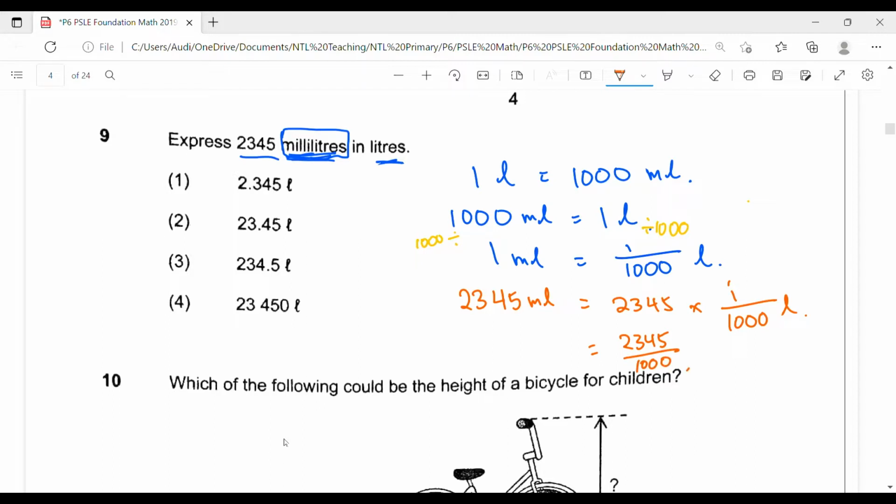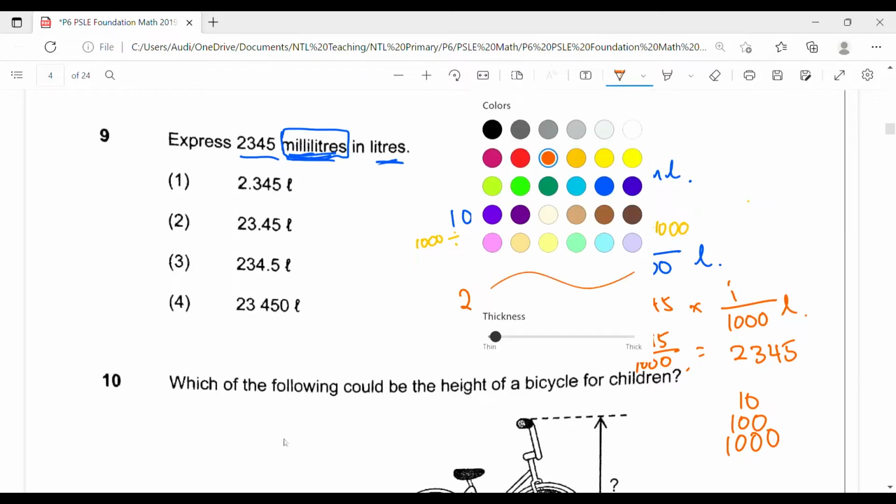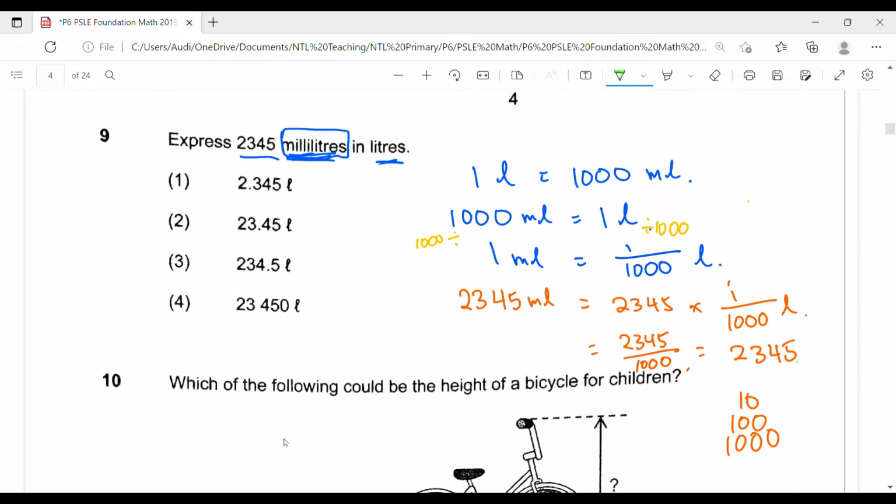Now when we divide any number by 10 or 100 or 1000, there's a simple shortcut. First, we just write down the same number. Then, because this is a whole number, the decimal place is here. 2345, the decimal place is here.